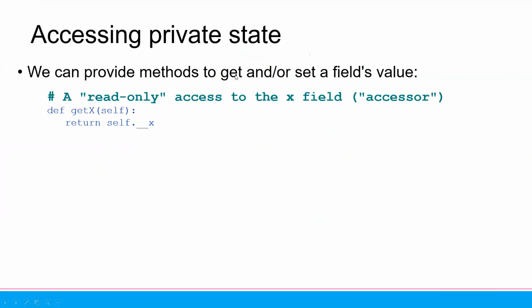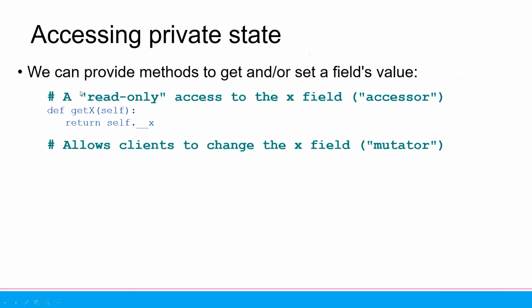So we can provide methods to get and or set field values. So in this case, we are going to get the x. Yeah, because this is accessor. And we are going to set. We call this is mutator. Mutate, it means we want to change the value.